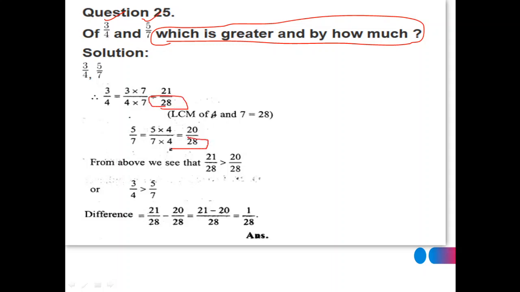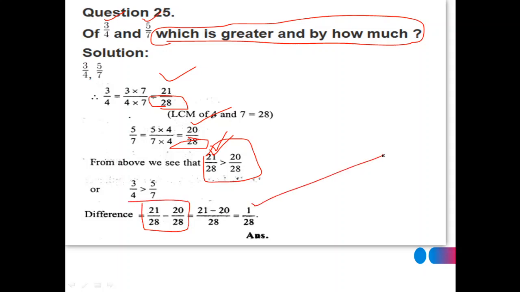So 21 upon 28 is the first fraction and the second is 20 upon 28. Which one is greater? 21 upon 28 is greater. And by how much? It means we have to subtract. When we subtract, we are getting 1 upon 28 as the answer.